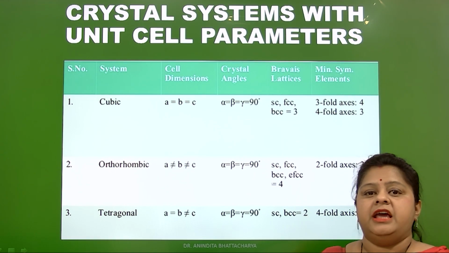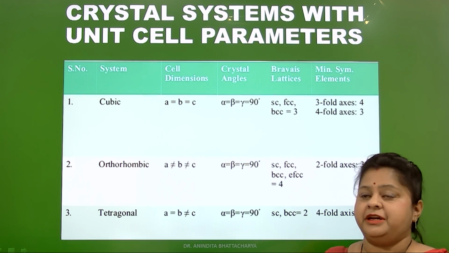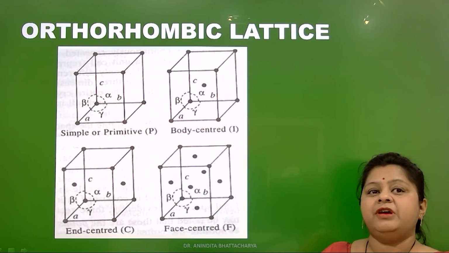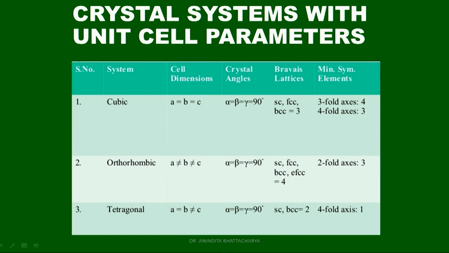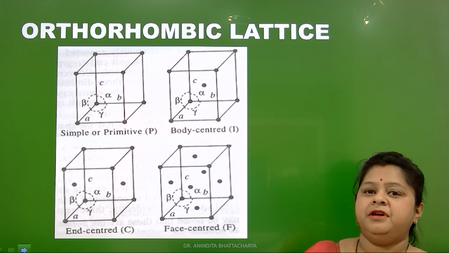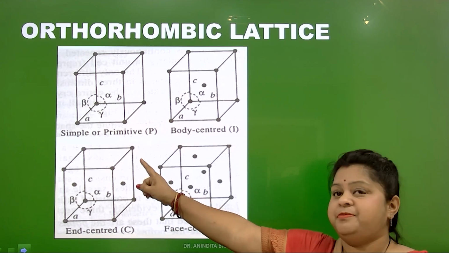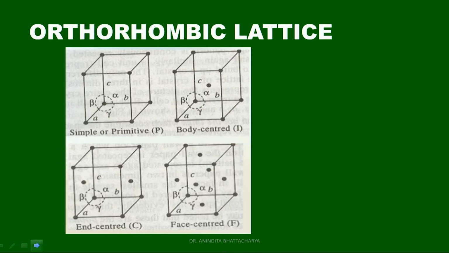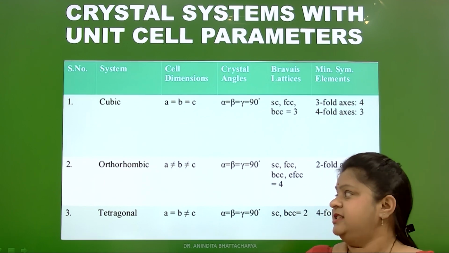There are 3 two-fold axes. You can see we have the simple, the body-centered, the end-centered and the face-centered. Now we'll move on to the next, tetragonal.